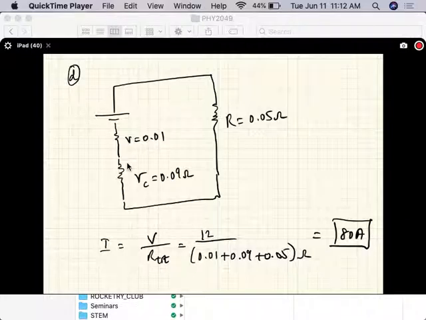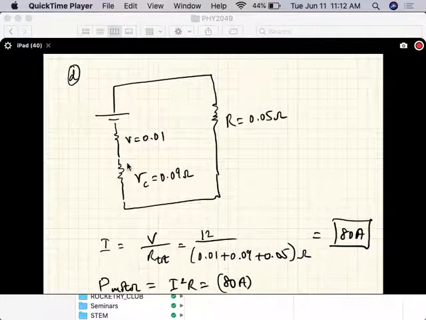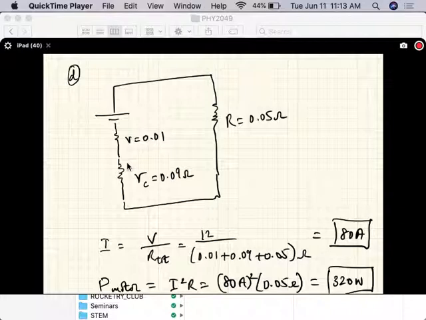And the power to the motor is I squared R, which is 80 amps squared times 0.05, and that is 320 watts. So the rate at which energy was supplied to the motor dropped from 2,000 watts to 320 watts. So that's what corrosion at the terminal did.